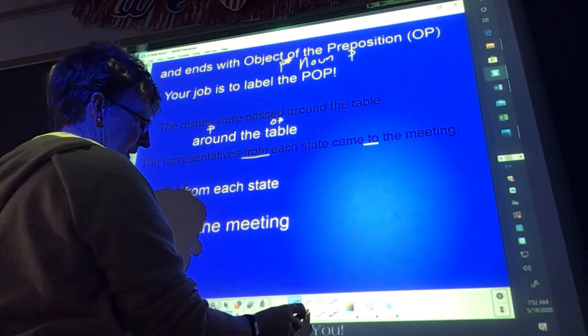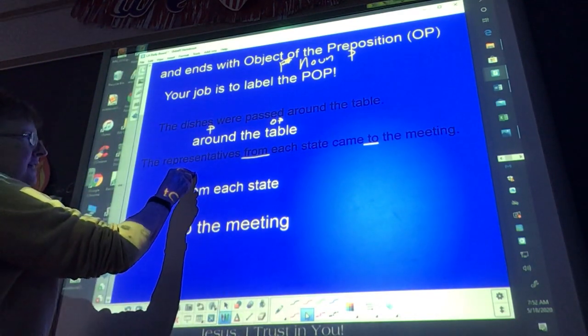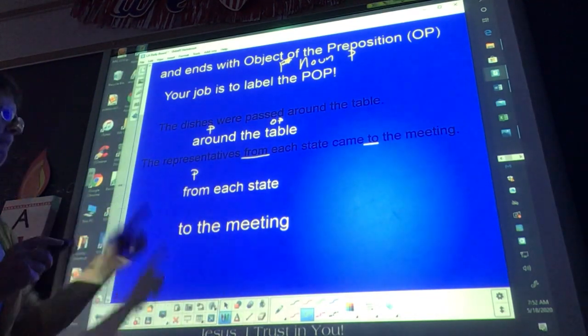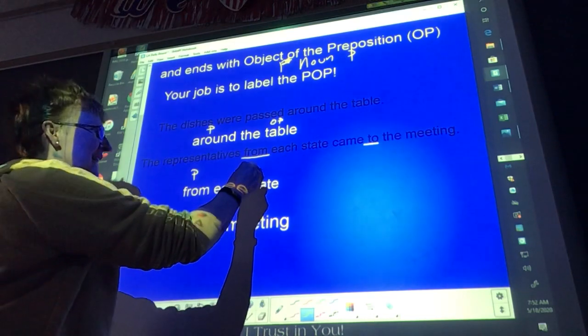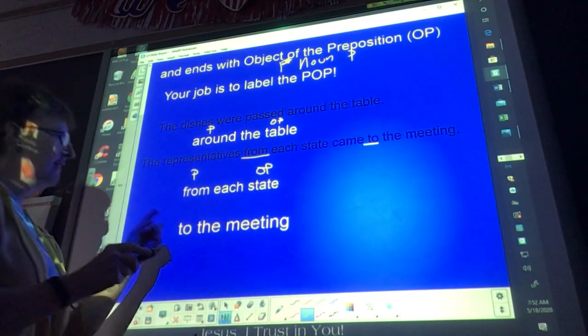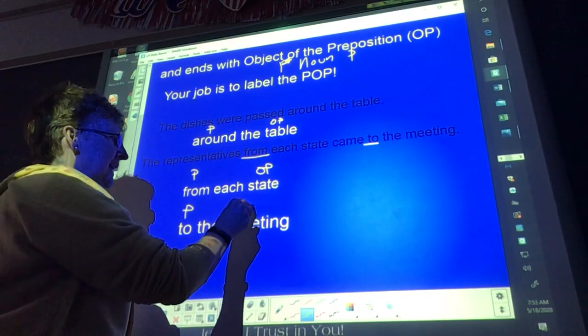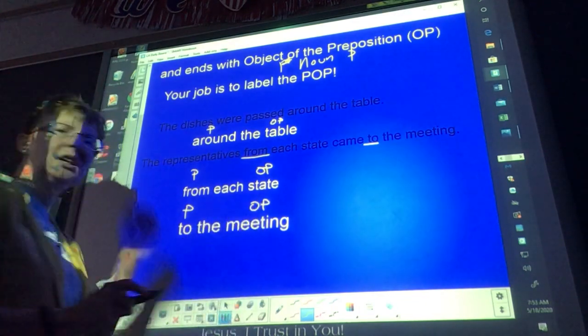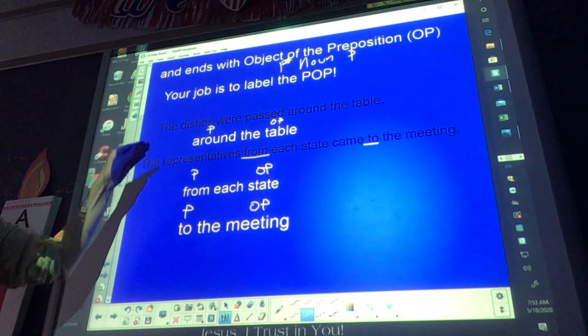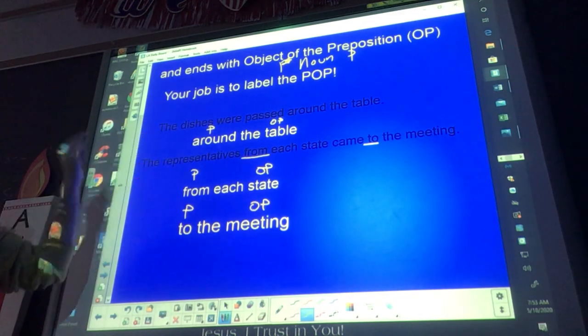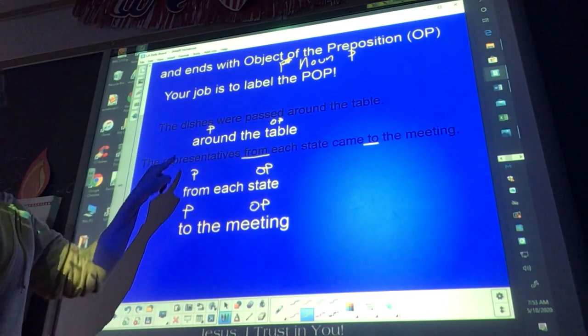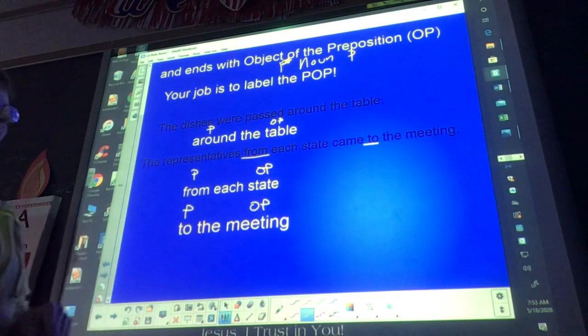From is the preposition, state is the object of the preposition. For this one, to is the preposition, and meeting is the object of the preposition. So I have found the prepositional phrases, and I have labeled the preposition and the object of the preposition, making each one a pop.